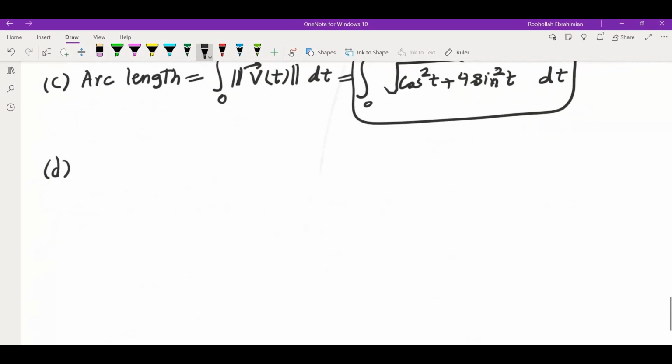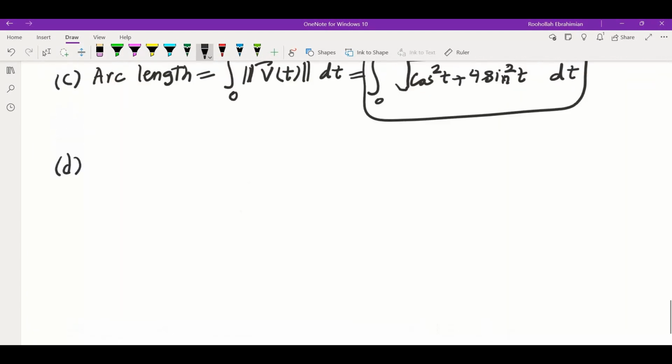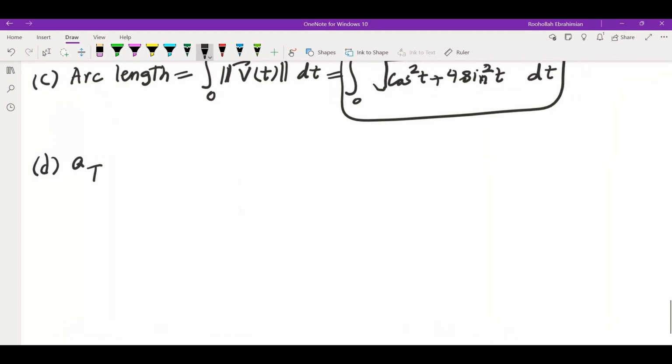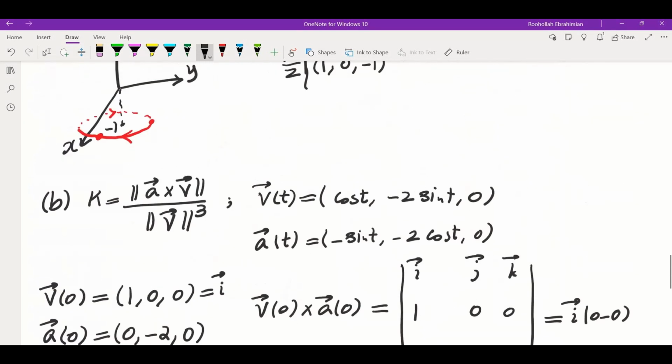Find the tangential and normal components of acceleration at t equals 0. So the first one is a sub t. If you recall, this could be obtained by taking the dot product of a and v and then dividing it by the magnitude of v. So this was the tangential component of acceleration. And let's go back and see what they asked us to do.